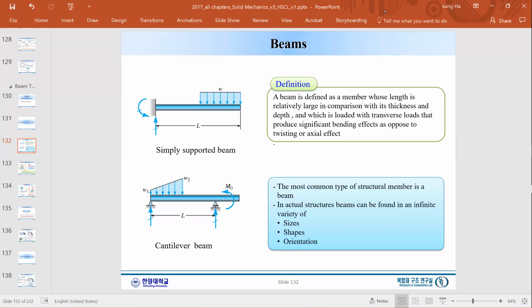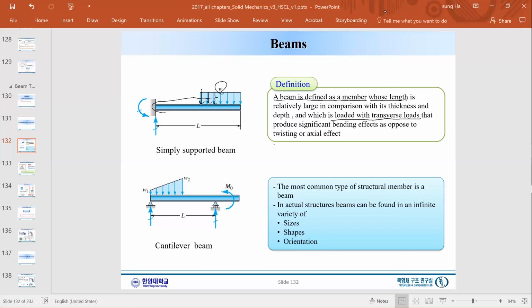So simply, beams can be defined. A beam is defined as a member whose length is relatively long compared with its cross-sectional dimensions, and which is loaded with a transverse load. The transverse load is like that.